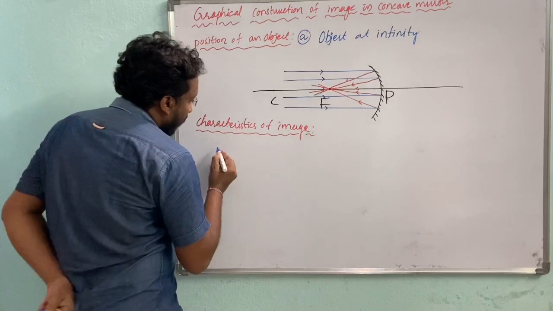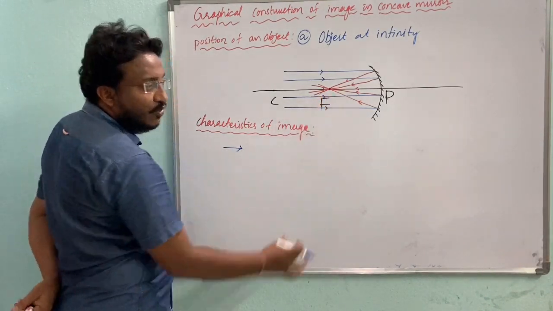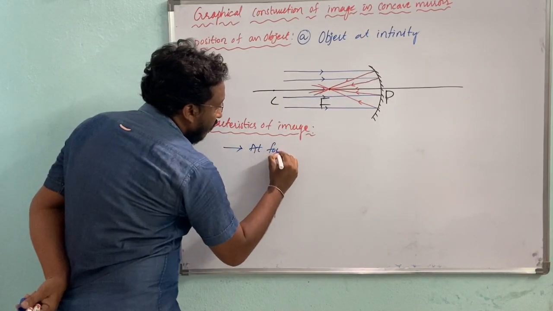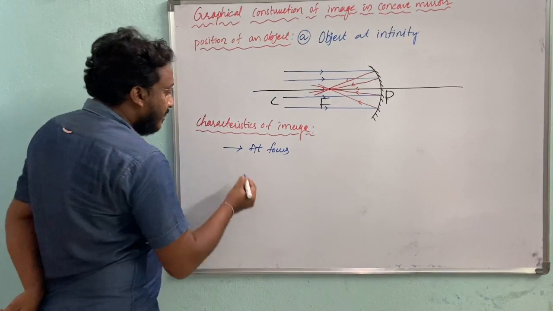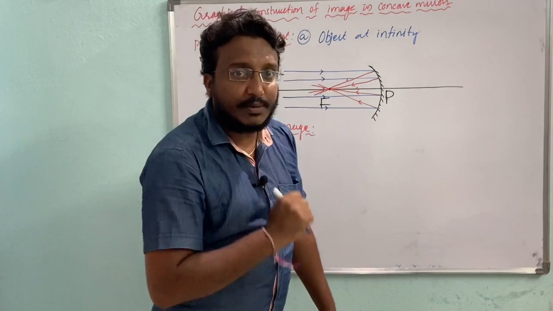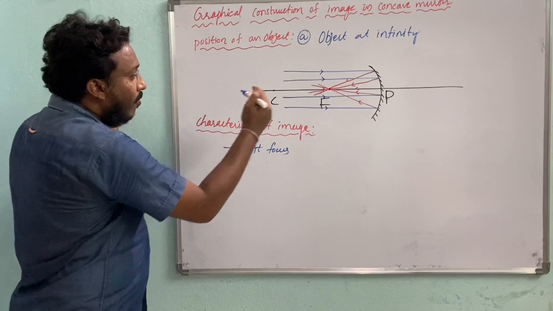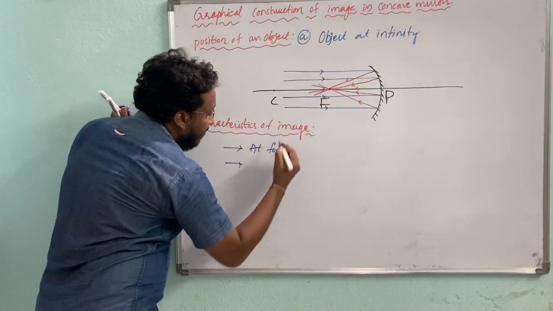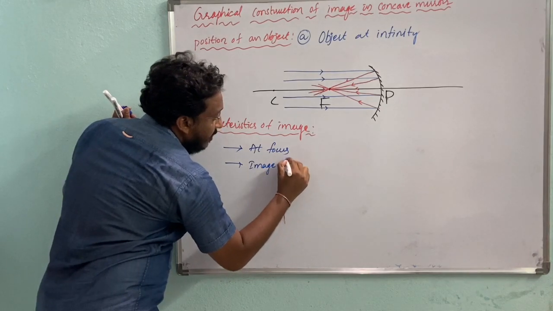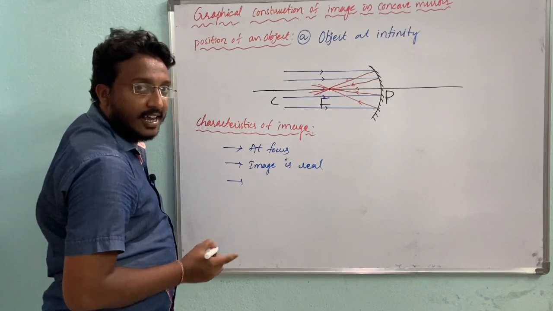Then first characteristic, where the image is formed: at the focus. Right? Second one, what type of image is this? We discussed two types now. One is a real image, another one is a virtual image. Here the image is real.